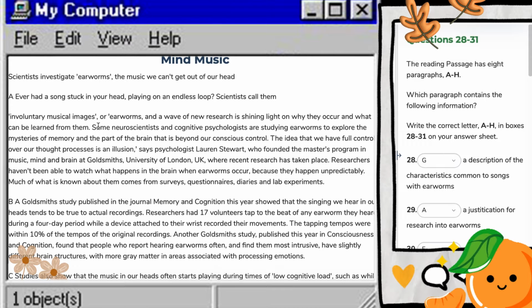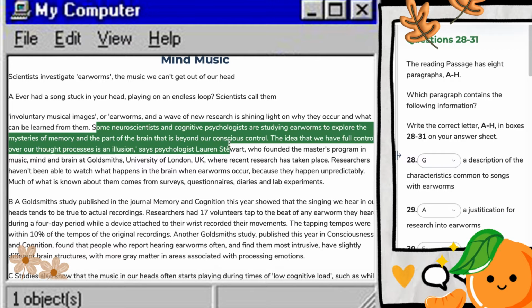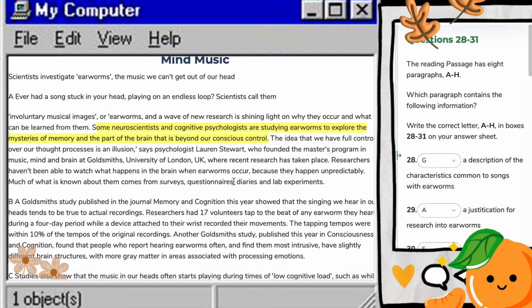they said that some neuroscientists and cognitive psychologists are studying earworms to explore the mystery of memory and part of the brain that is beyond your conscious control. So they say the reason why they study it is because they want to explore the memories and part of the brain that are beyond our conscious control.